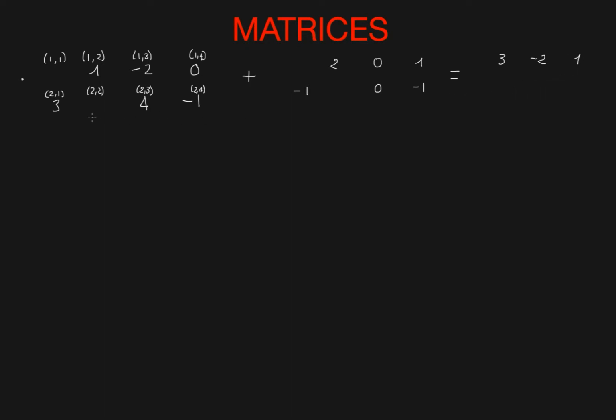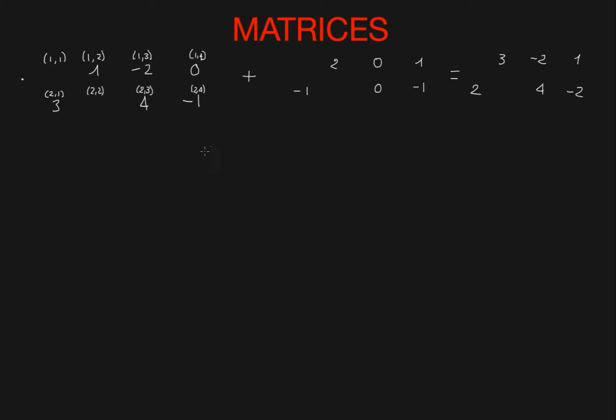Then second row we have 3 plus -1, it will be 2, and then nothing here. 4 plus 0 is 4, -1 plus -1 is -2. Okay, so component wise we can sum two objects like this.